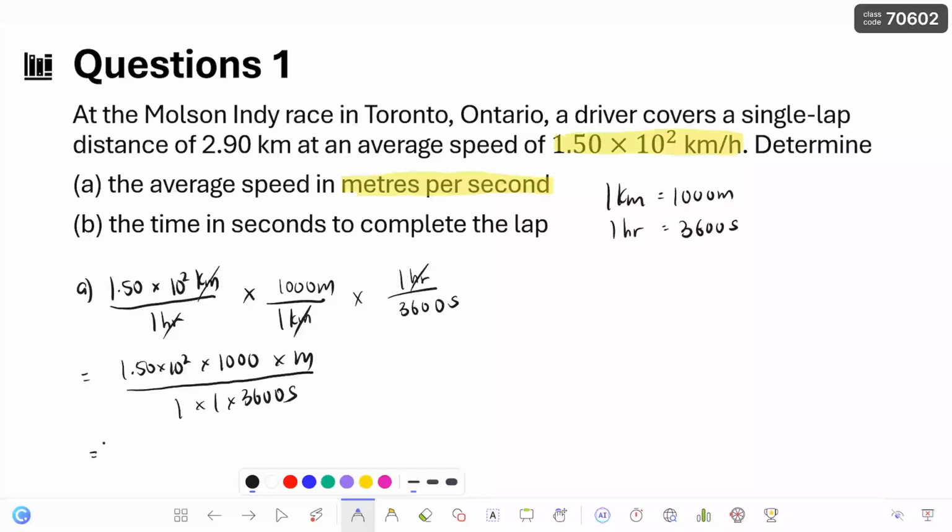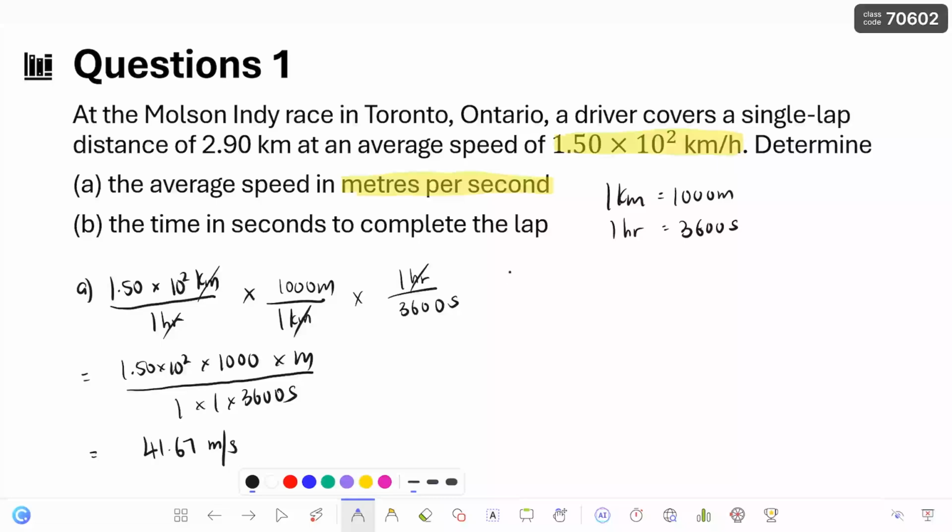So the answer should be 41.67 meters per second.